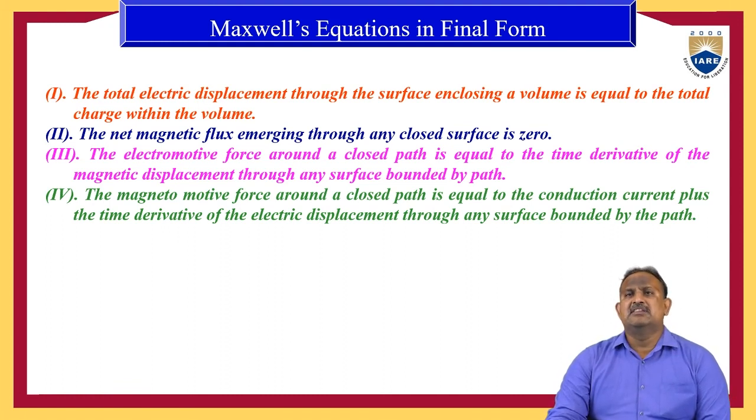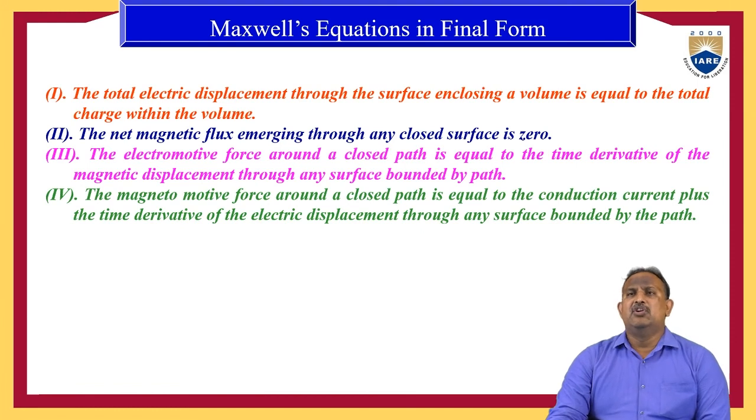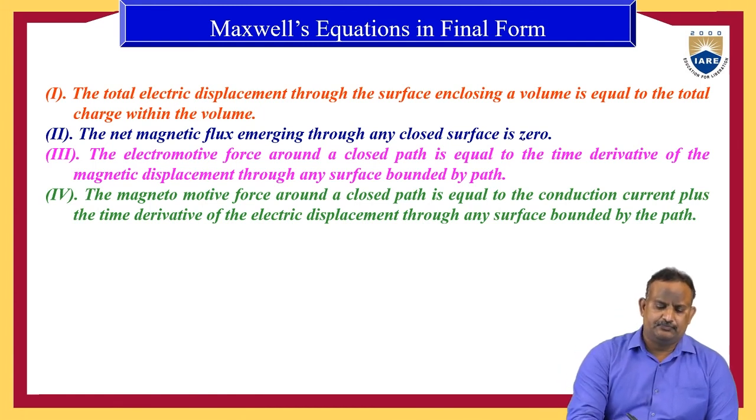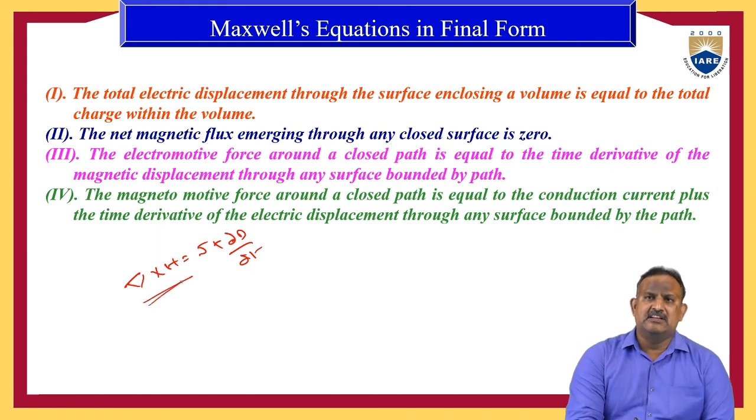Next, the fourth Maxwell equation is del cross H equal to J plus dou D by dou T. The left hand side is the magnetomotive force.